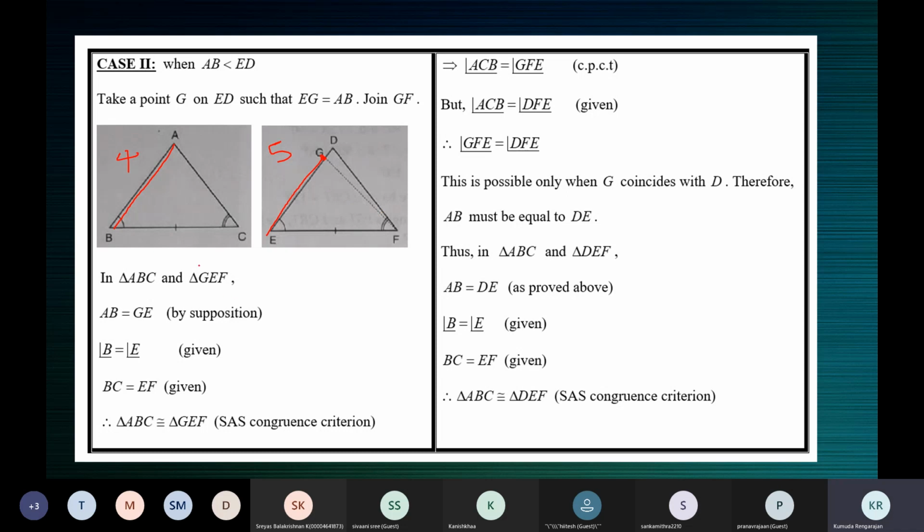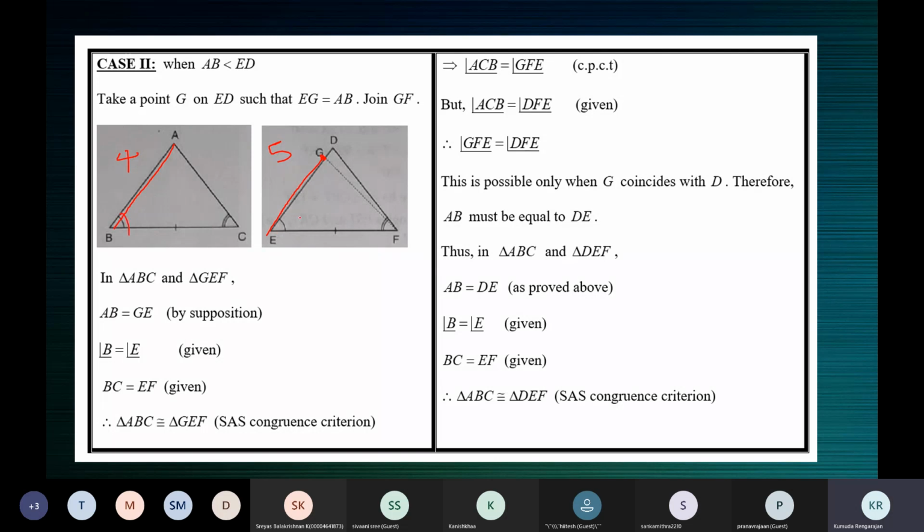Now take up the two triangles ABC and GEF. AB of the first triangle is equal to GE of the second triangle by supposition, meaning we have assumed that. We have taken a point G such that GE is equal to AB.